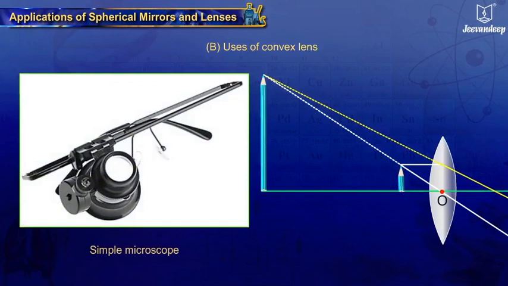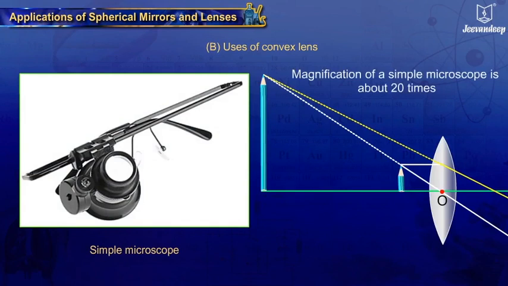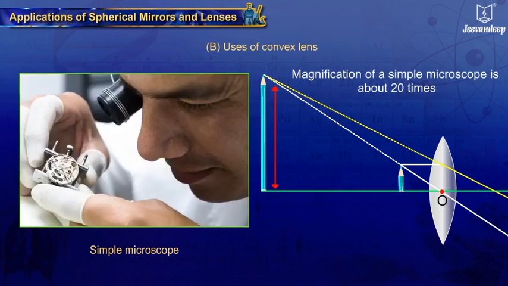Simple microscope. A single convex lens of small focal length can be used as a simple microscope. Magnification of a simple microscope is about 20 times. It is used by watch repairers, jewelers, etc.